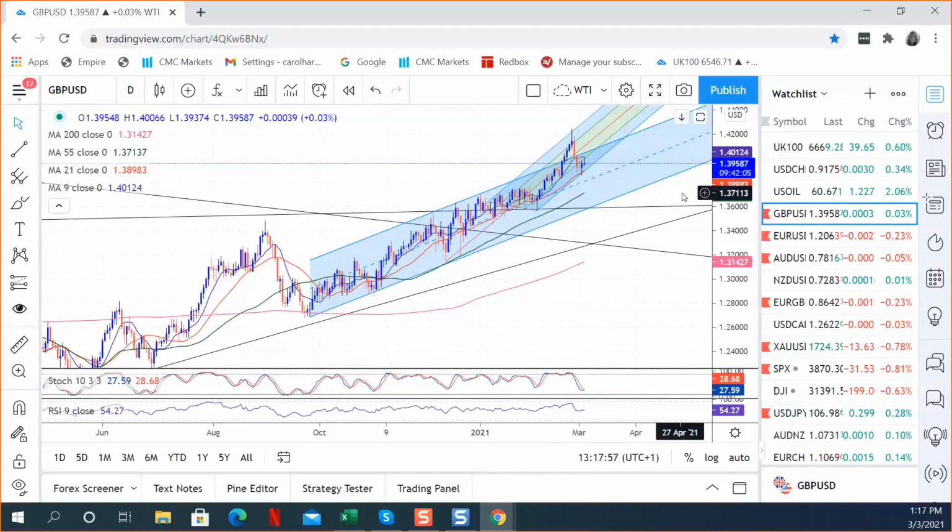If you have a support level, go 10 pips above it. If there's a major chart point and you want to put your stop in, the algos are geared up to take out up to 30 points. Stick your stop at 40 points.